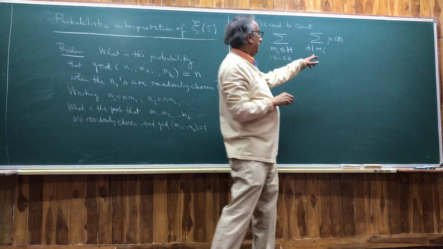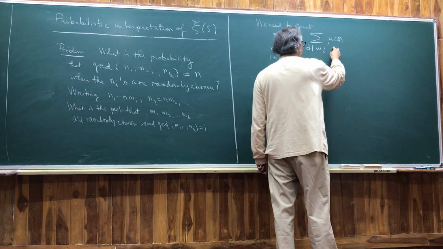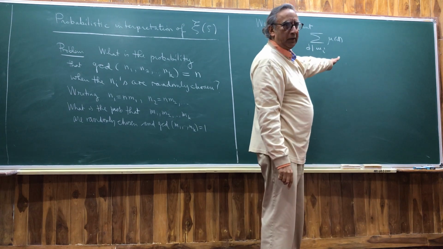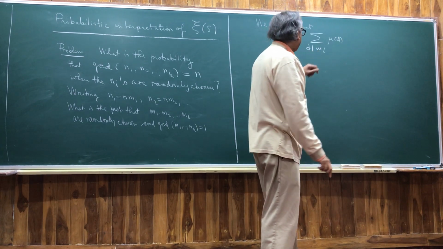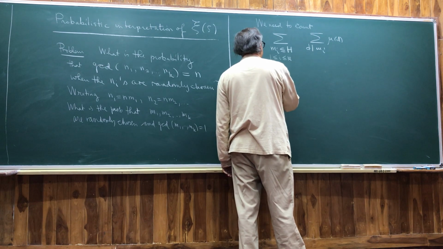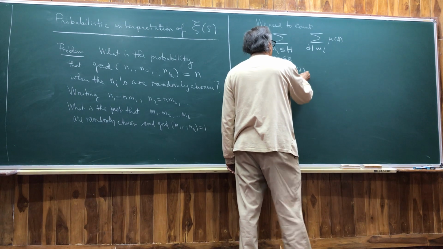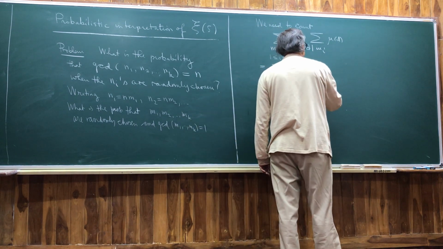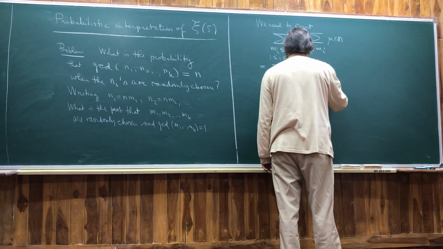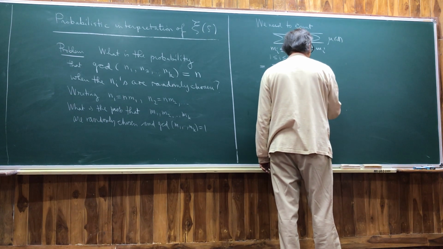So this thing will ensure that if the GCD is 1, it'll give you 1, otherwise it gives you 0. Rearranging this, you get the sum over D less than or equal to H of Mu D, and then you're counting numbers less than H, so that D divides Mi, for i from 1 up to K.